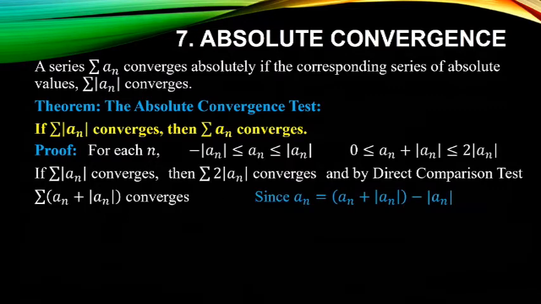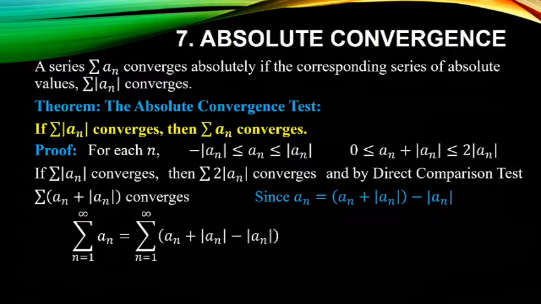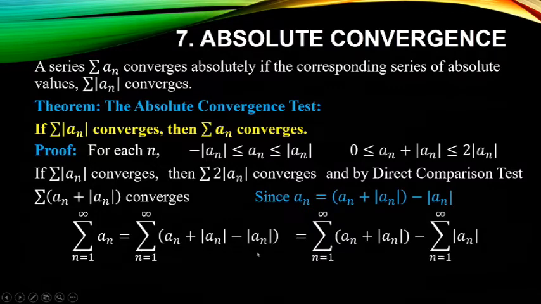Since a sub n is equal to a sub n plus the absolute value of a sub n minus the absolute value of a sub n, the summation of a sub n is equivalent to the summation of that expression. So we can separate the summation of the terms: the summation of a sub n plus the absolute value of a sub n, minus the summation of the absolute value of a sub n.